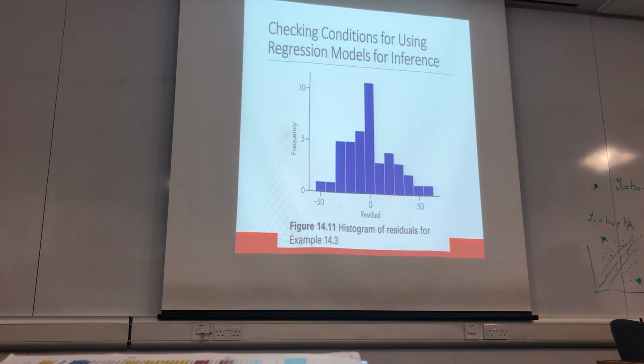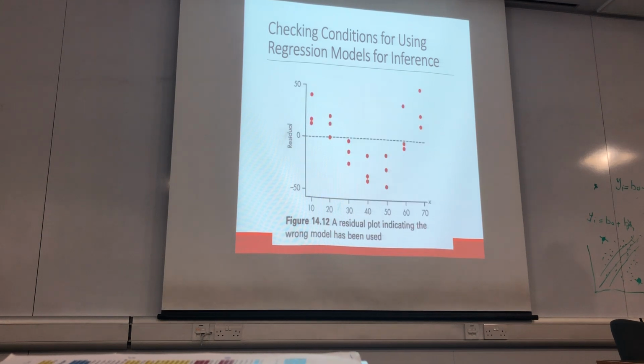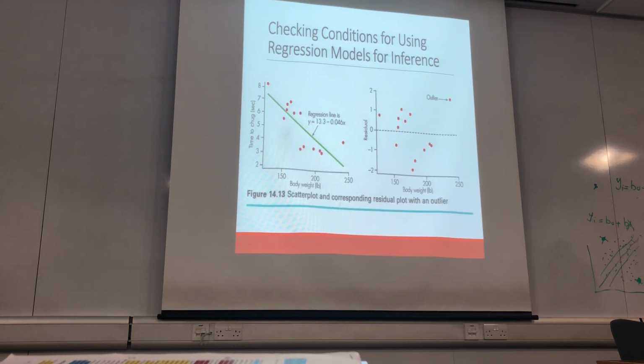For normal distribution we use a histogram. When there is a pattern in the residual plot, compared to the example which looked like a cloud, it indicates the wrong model has been used. So when you see a specific pattern, it means linear regression is not right to use.